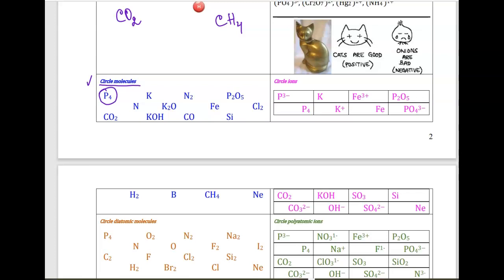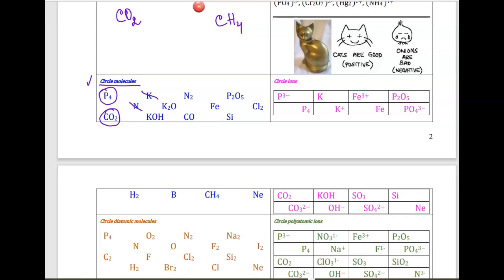It shows us that a molecule of phosphorus has 4 phosphorus atoms inside. Okay. CO2, two non-metals. Yes, it's a molecule. K, like potassium, it's not a molecule because it's a metal atom. Nitrogen, it's not metal, but it's only a single atom, no subscript here, I'm sorry, that's why it's not a molecule.